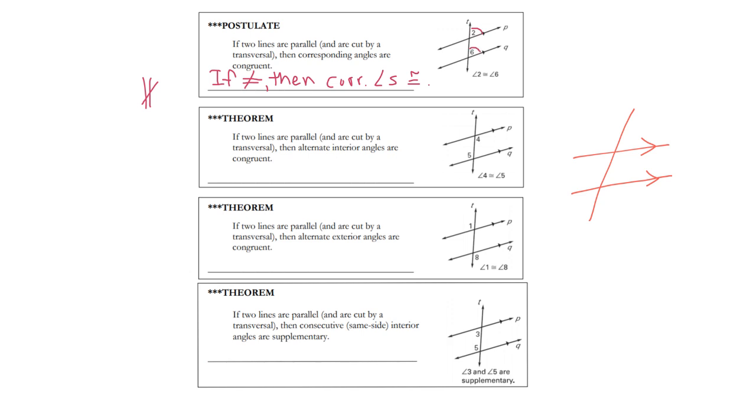The next theorem says if two lines are parallel and cut by a transversal, then alternate interior angles are also going to be congruent. So here are alternate interior angles. Remember, alternate means different sides of the transversal, and they're both in the interior of the two parallel lines. So they look obviously congruent.